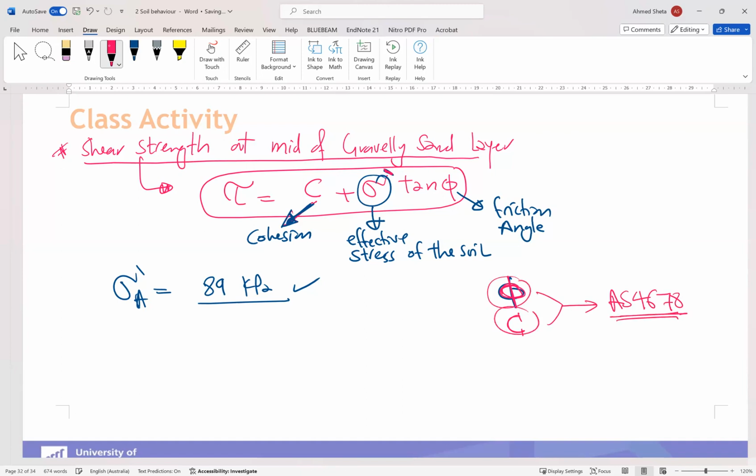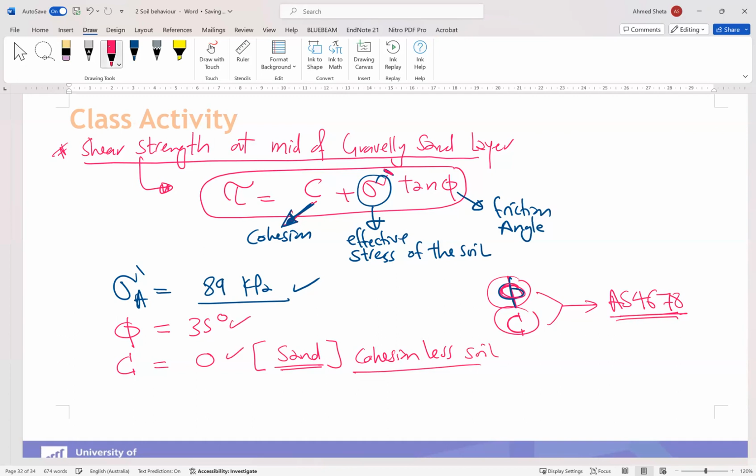So using the standard, you will find that phi equals 35 degrees and c equals 0. Why is c equal to 0? Because this layer is a sandy layer, or cohesionless soil.